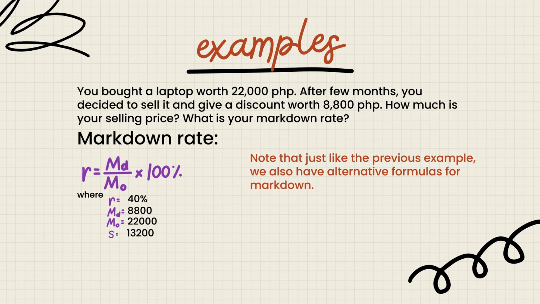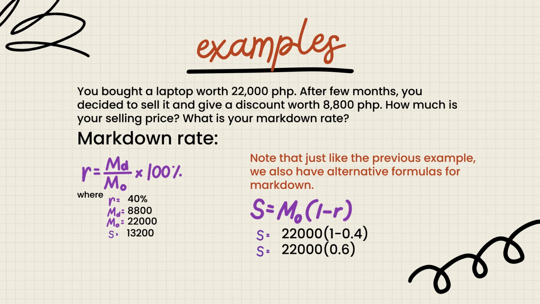So take note that just like our previous examples, we also have alternative formulas for our markdown. So paano kapag iba yung nawawala dun sa question? Ganon din naman, magmamanipulate lang kayo. So when S is missing, you can use the formula M sub O times 1 minus R. So that would give you 22,000 times 1 minus 0.4.